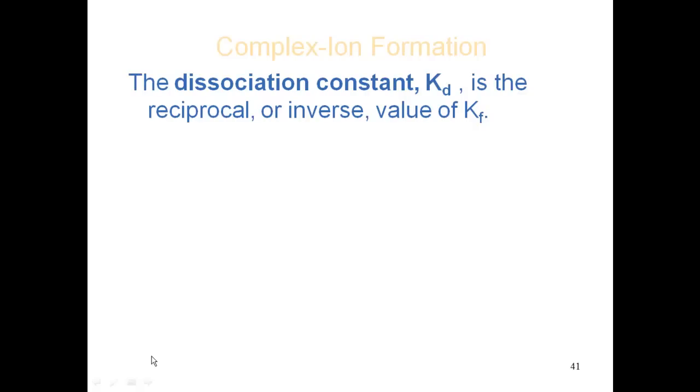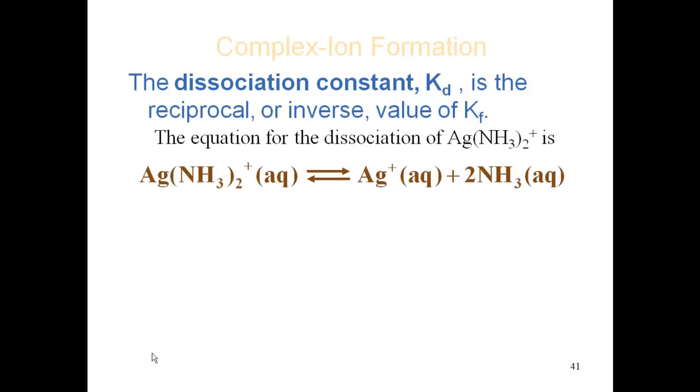Okay. Well, we take that formation reaction and we flip it. And what did we talk about happening to a K if I flip a reaction? I have to do the reciprocal of that K. So I'll take that reaction we just talked about and flip it. So now I have my diamine silver ion forming silver ions and two amines.